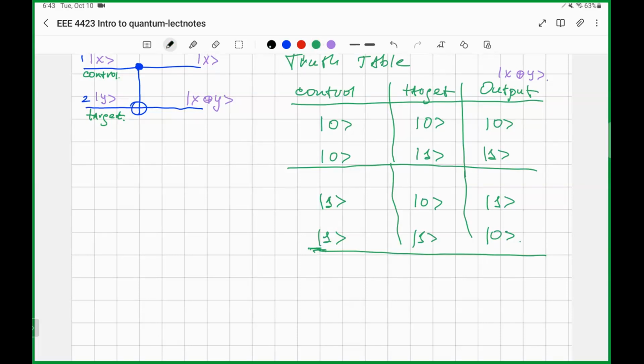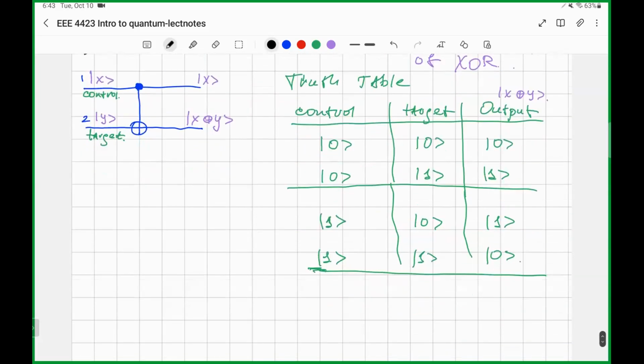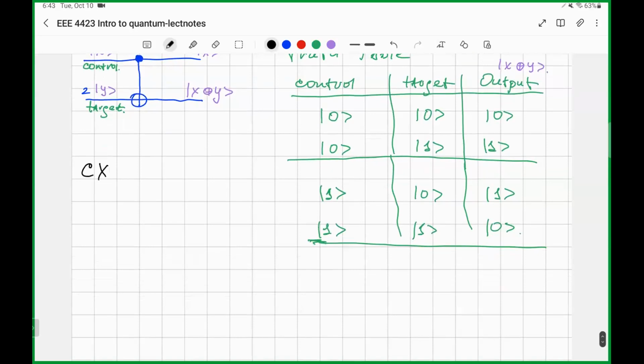Yeah, so as an example, first of all, we can denote this C0 qubit as CX operator like this, okay?